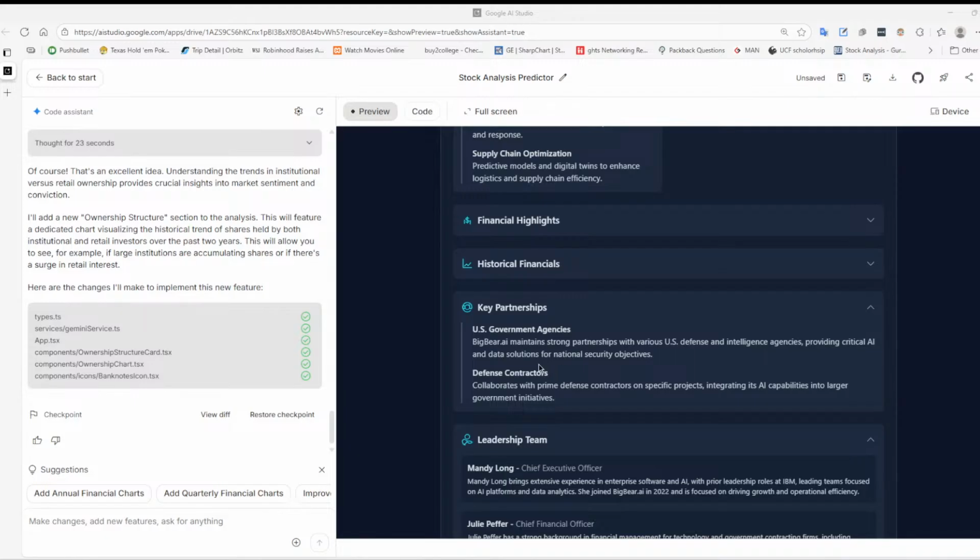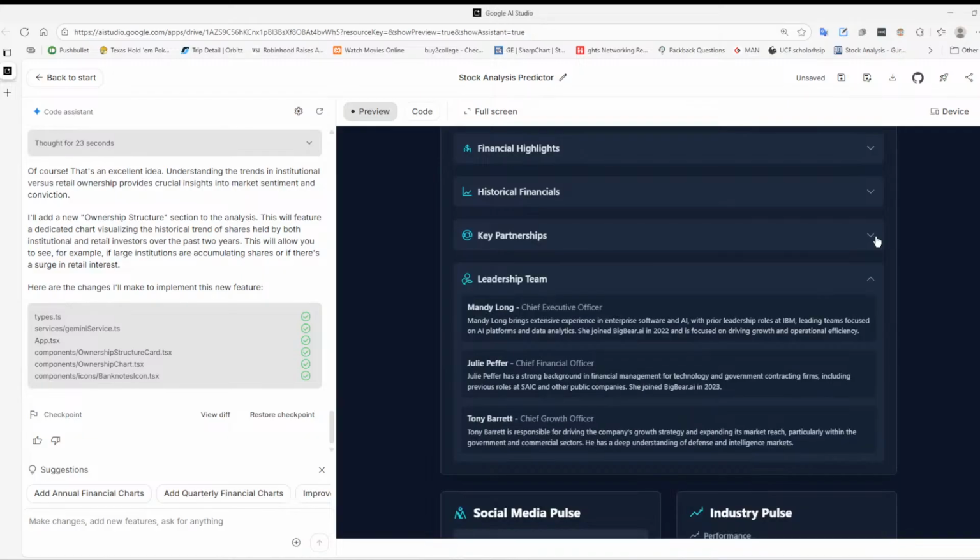Looks like they're mainly between government agencies and defense contractors. All right, cool. Leadership team, chief executive. So here I don't see anything around founder led or anything. So it's not founder led. You got the CEO who is Mandy Long.